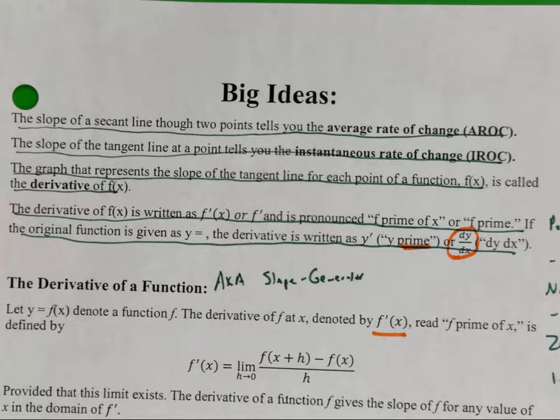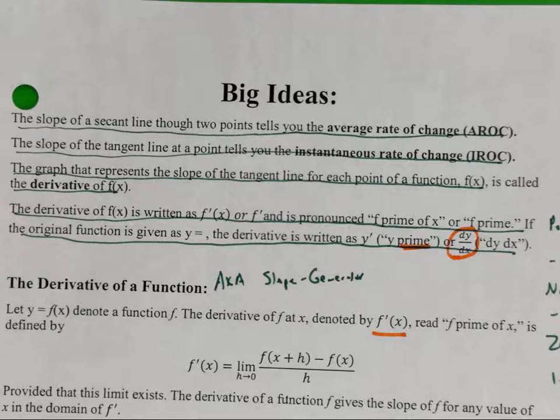So that's the derivative. Now, this is very important: the derivative of f of x is written as f apostrophe. You read that as f prime. F apostrophe x is pronounced f prime of x. I call it f prime, okay?